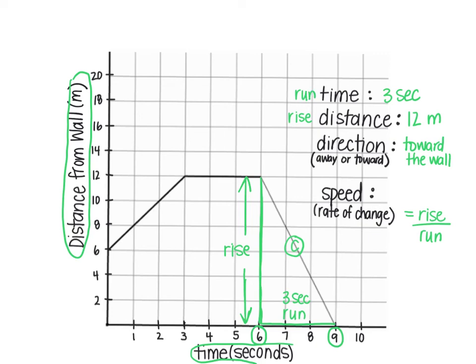So for our rise and run calculation, we're going to have 12 over 3. As we divide 12 divided by 3, we'll get 4, and again, it's going to have a unit rate of meters per second. So the speed that Kenny is traveling as he goes along this line is 4 meters per second, which is faster than the information that we found when we calculated the rate of change for line segment A, when he was only traveling at 2 meters per second.